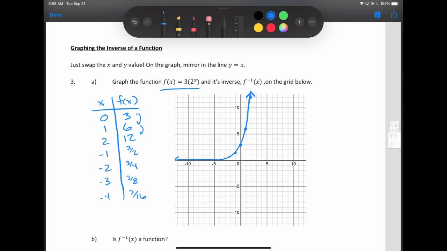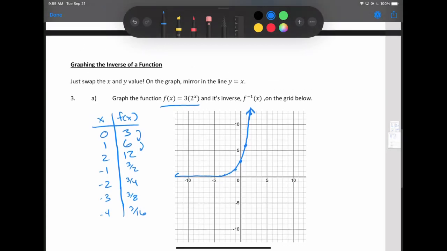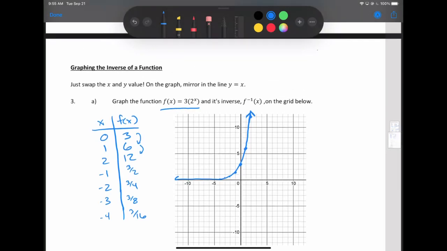Now our inverse function, f to the -1 of x. This is a weird notation for those who don't recognize it, but I'm going to point out that, for instance, when you're solving things on your calculator, if you had sine x equals 1/2, what you're actually doing on your calculator when you're trying to solve for x is you're doing the inverse sine function, or in some cases it's a shift button or a second function button.